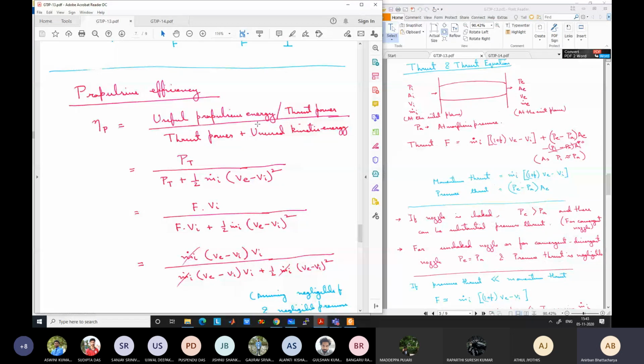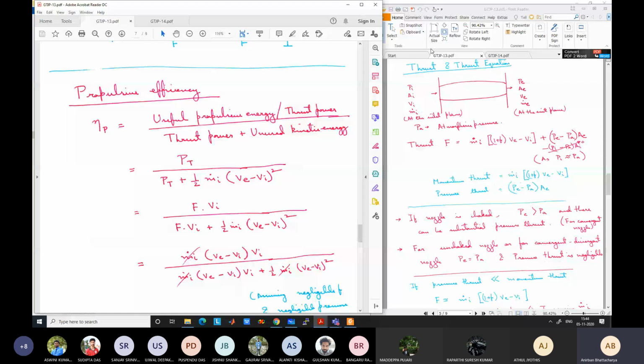What is the second part? Now, we cannot use the entire kinetic energy generated by the engine for moving the engine forward. Only part of it is used for moving the engine forward, and the rest gets lost to the atmosphere. It gets converted to thermal energy and dissipated in the atmosphere.